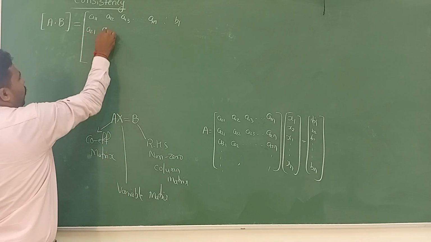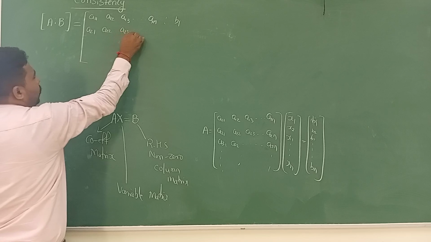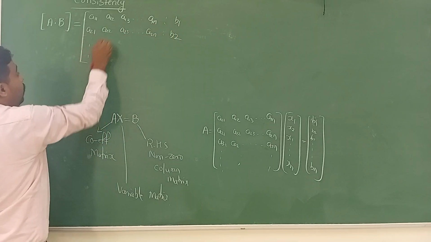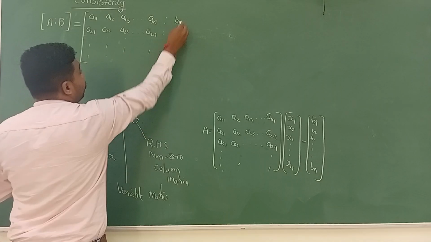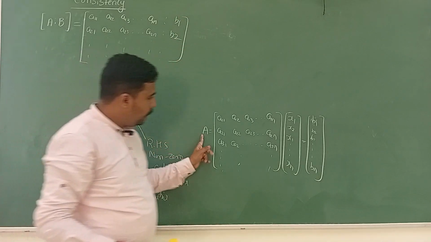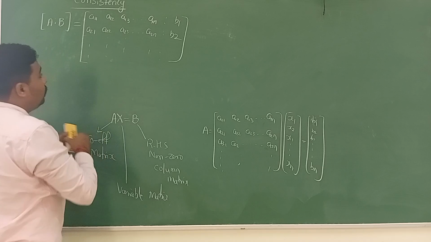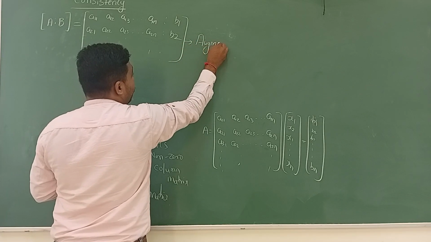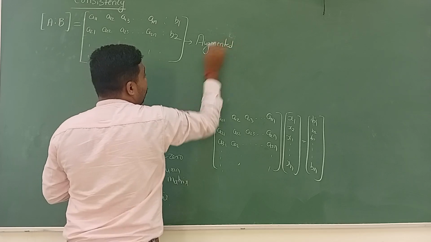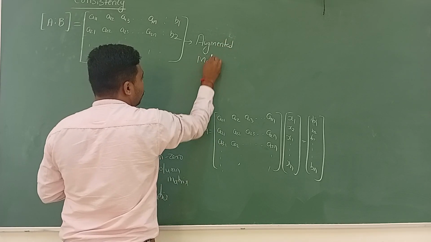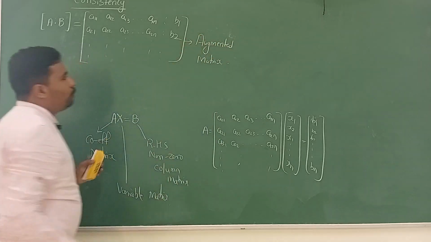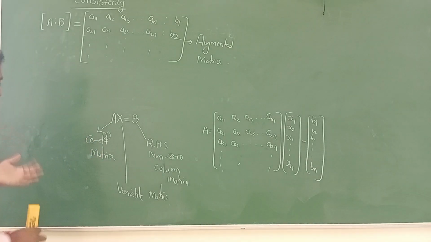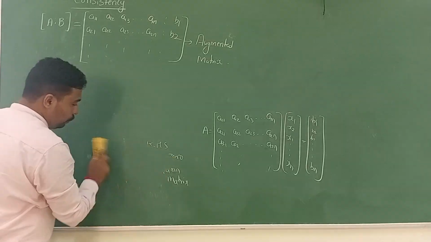Next, a21, a22, a23, a2n, with the corresponding element of B, b2. Like that, if we write A and B in this form, this is referred to as the augmented matrix, or the augmented form of the matrix. This is very important for finding and discussing the different types of solutions.